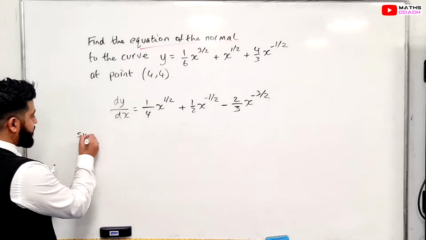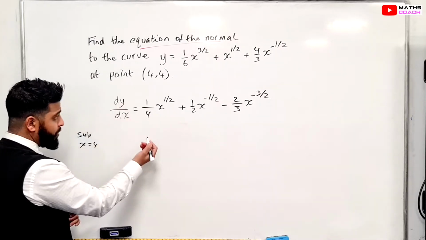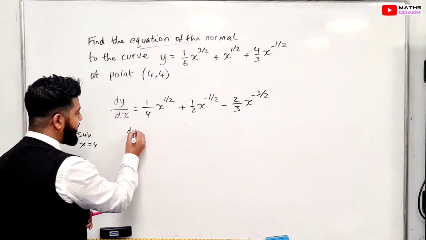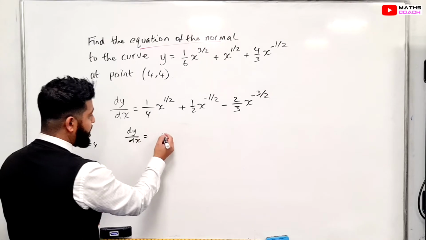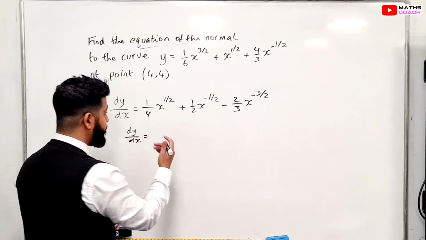So I will substitute x is equal to 4 into this equation. Before I do that, I'm going to use a non-calculator technique to do this. So I'm going to rewrite dy over dx in the following way, where I can substitute values in, although you can just put it all into your calculator.